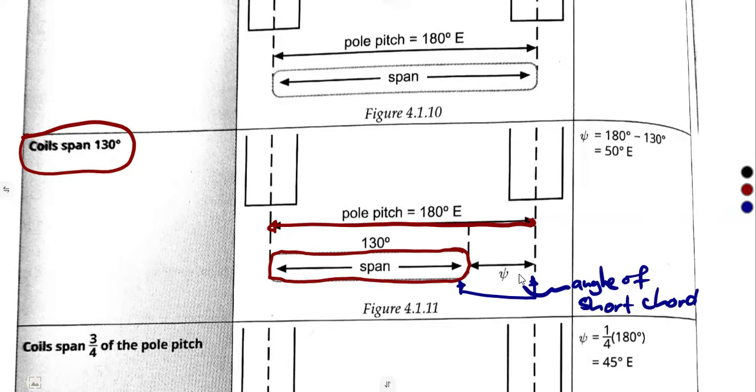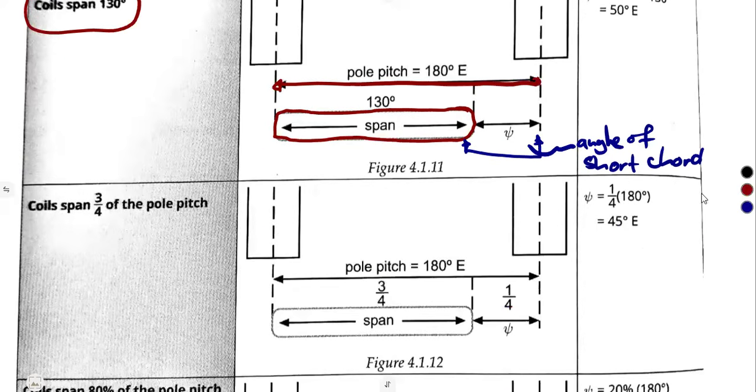Since we're talking about 180 degrees, maybe we have got a span of 130 degrees. Out of 180, we subtract the angle that you're given. So our angle of short chord is going to be 180 minus the angle of the span that you're given. It depends on what you are given. Let's say you're given a fraction, like 3/4 coil span. 3/4 of what?